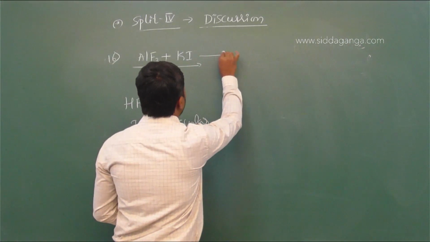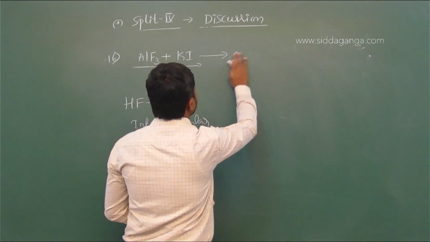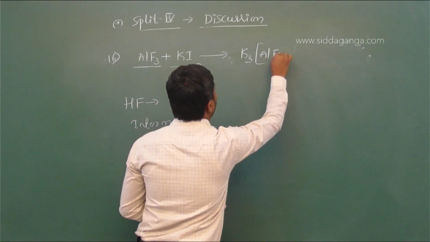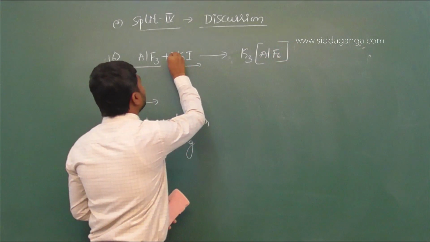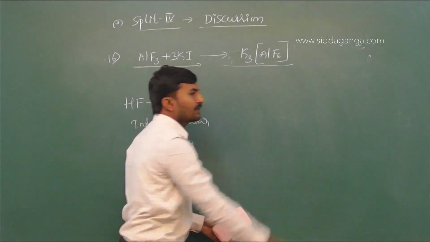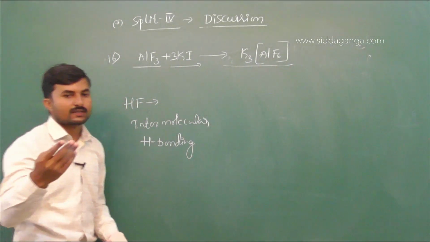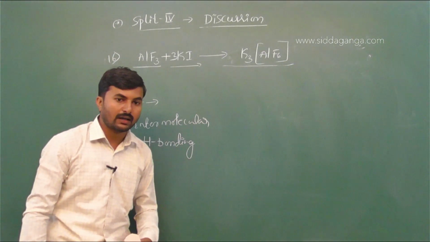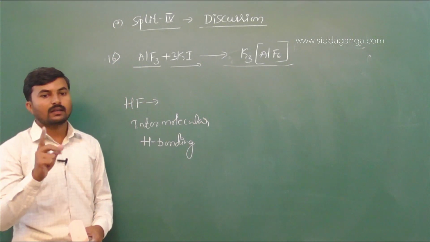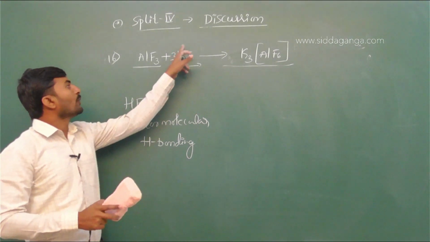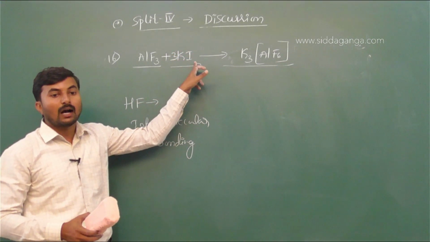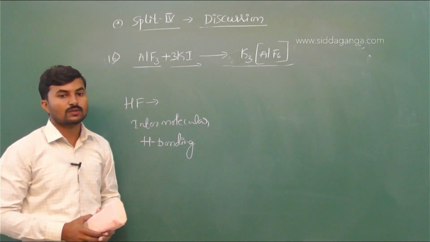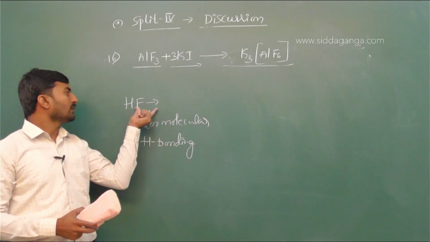Which results in the formation of a complex called hexafluoroaluminate(3-) complex. Okay, what is the question they have given? AlF3 is soluble in HF only in presence of KF. Only when we take the help of potassium fluoride does AlF3 dissociate in hydrogen fluoride.